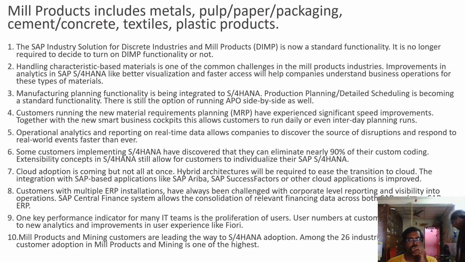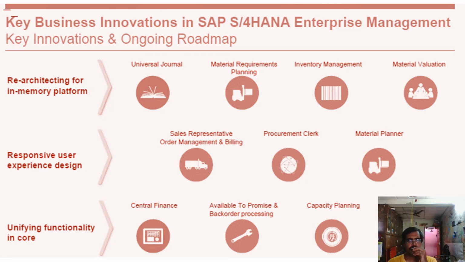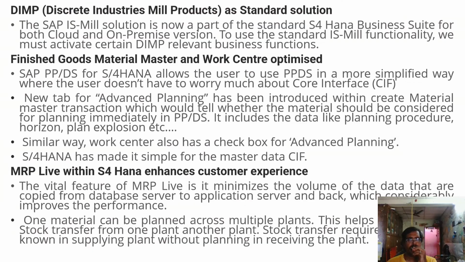With this, I am completing the first part of mill product solutions. In my next video, we will cover the key business innovations in SAP enterprise management, especially in the mill industry, and what SAP solutions exist for that.